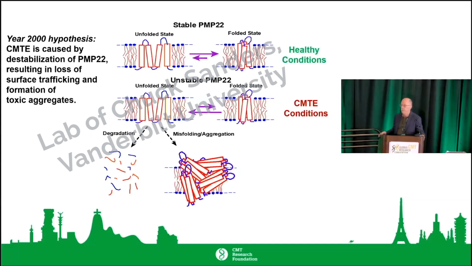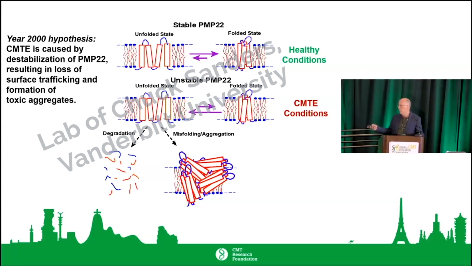What do I mean by destabilization? When a protein folds, there will always be an equilibrium between the folded form and the unfolded form. For a stable protein at the equilibrium, the folded form is preferred over the unfolded form. If you destabilize the protein, then the equilibrium shifts towards the unfolded state.